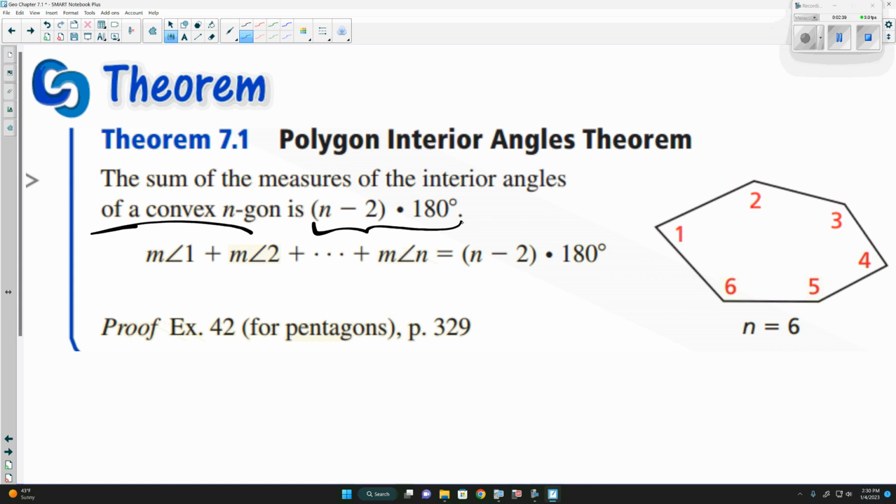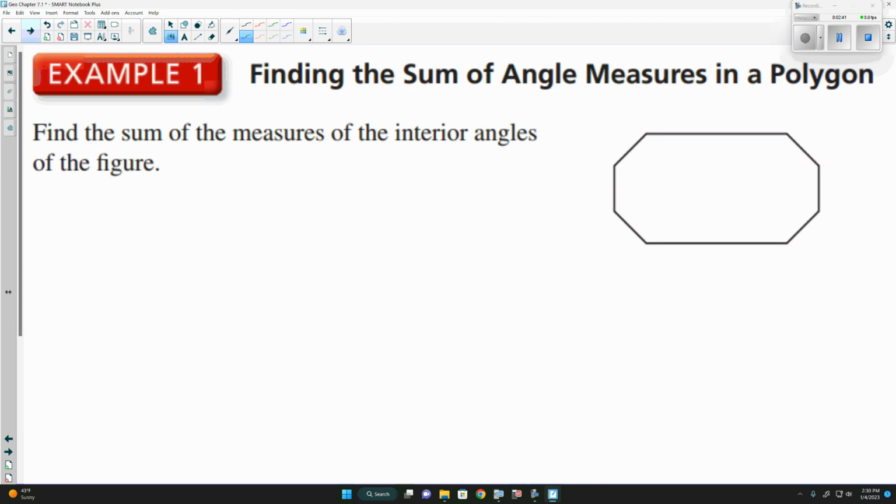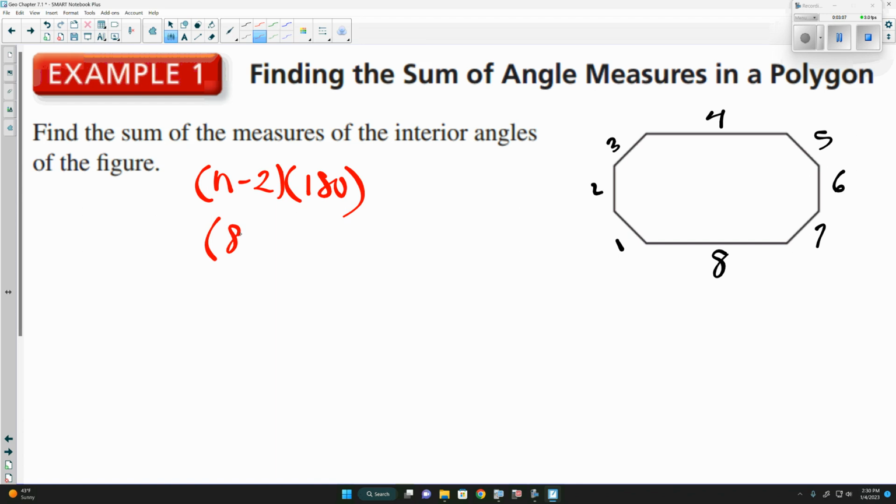Now, if we look at this first one here, the sum of the measures of the interior angles of this convex polygon. How many sides do we have? 2, 3, 4, 5, 6, 7, 8. So to find the sum, we use the formula n minus 2 times 180. Well, n is 8.